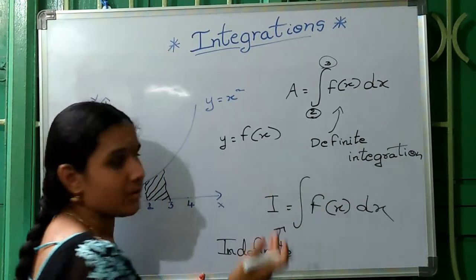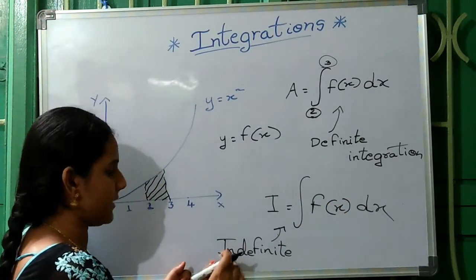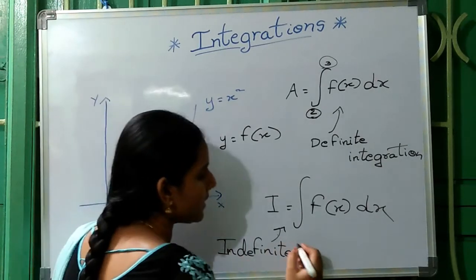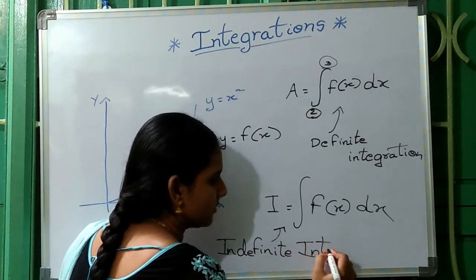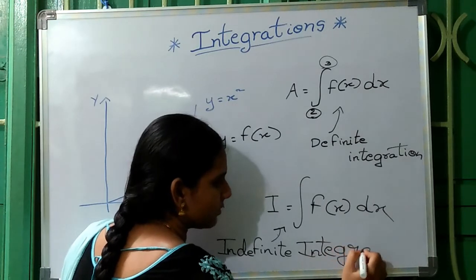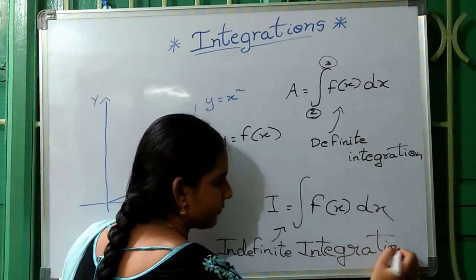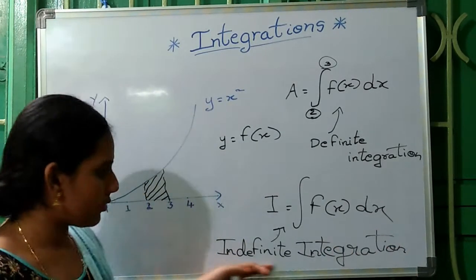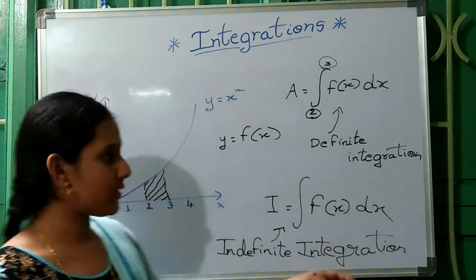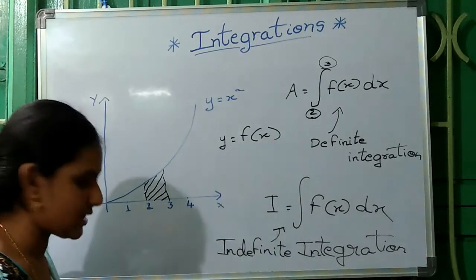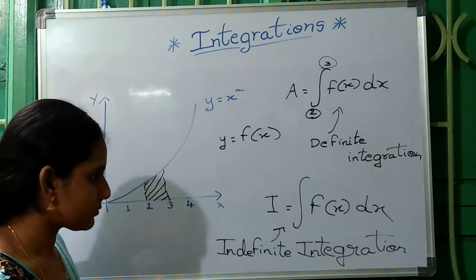From there onwards, we don't know. So it is indefinite. First, we will go through indefinite integration. After that, definite integration.